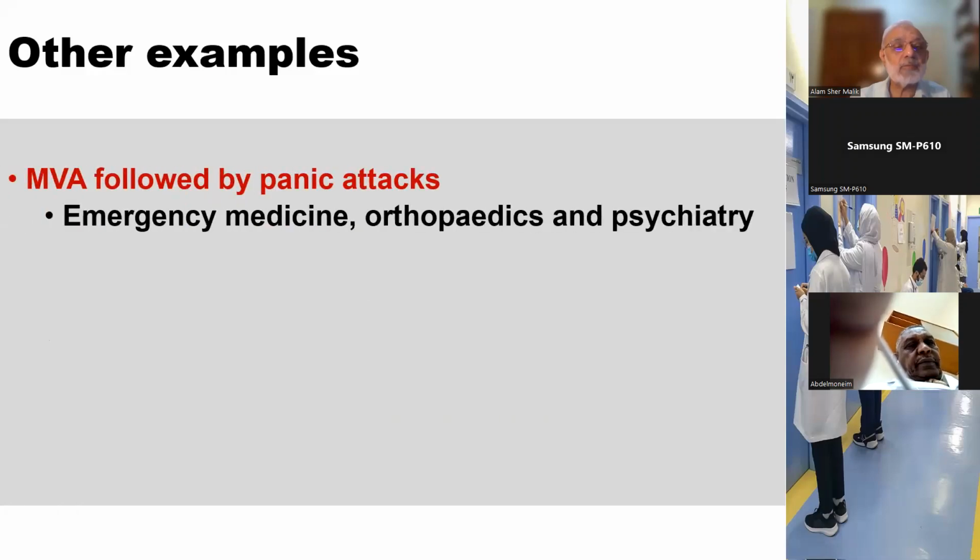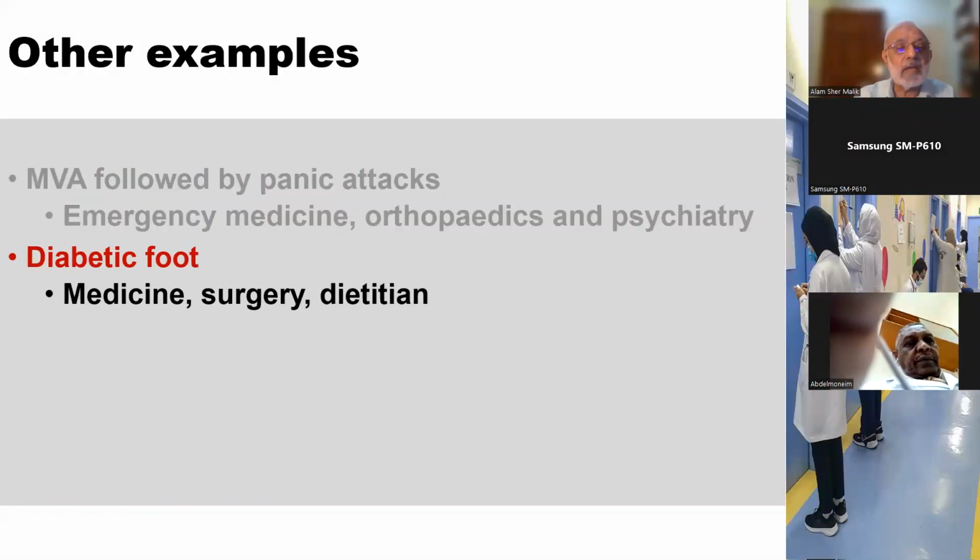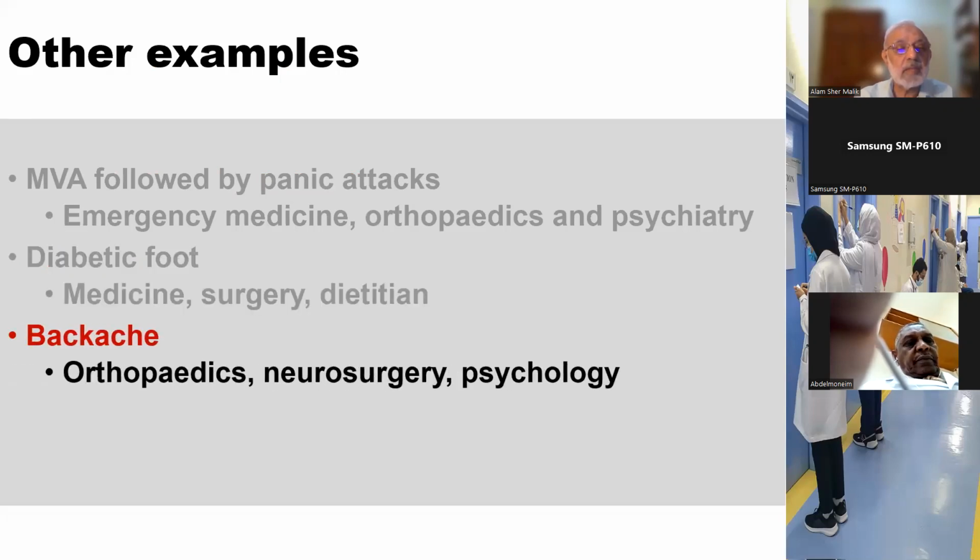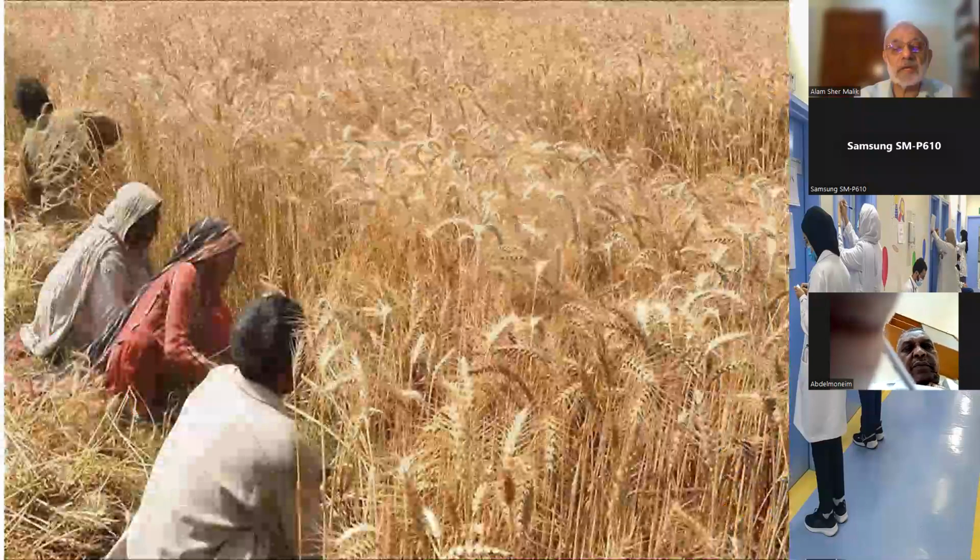The other examples could be a motor vehicle accident followed by panic attacks, which would involve emergency medicine, orthopedics, and psychiatry. Or a diabetic foot scenario may involve medicine, surgery, and dietitian. A scenario based on backache may involve orthopedics, neurosurgery, and psychology.